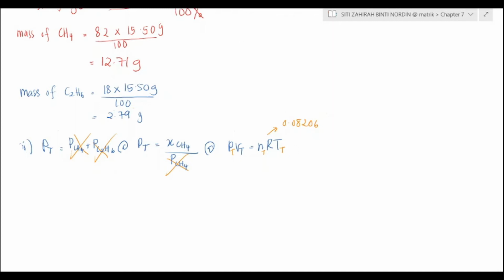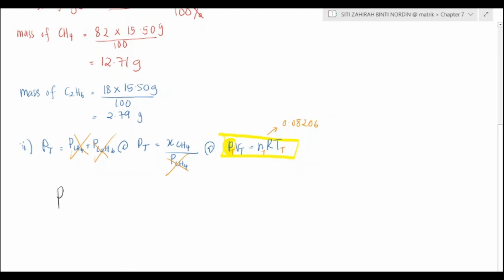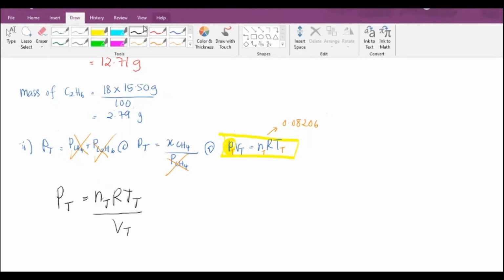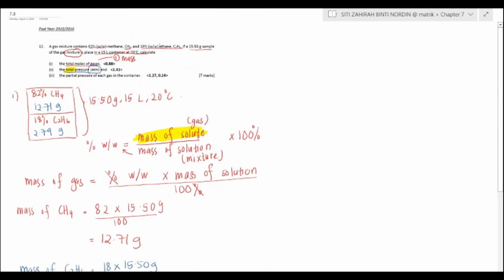So we're going to use the last equation, the ideal gas equation, to find our total pressure. Rearrange it to become PT equal to n total RT divided by volume total. You've got the mass for each gas already. R is given, T is given, and volume is given as well.